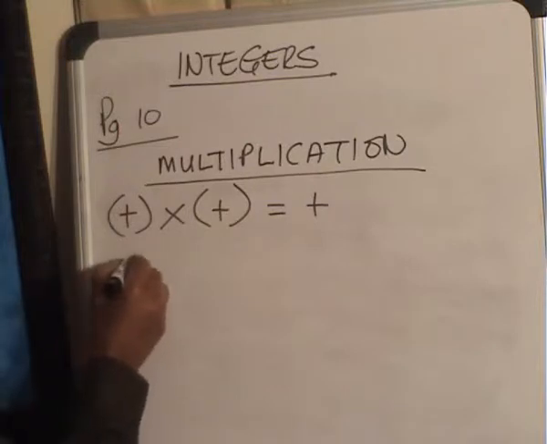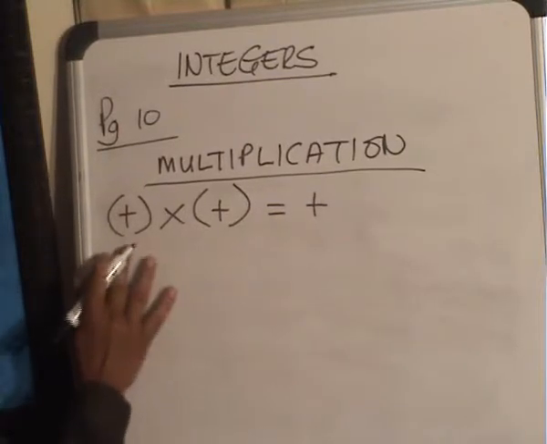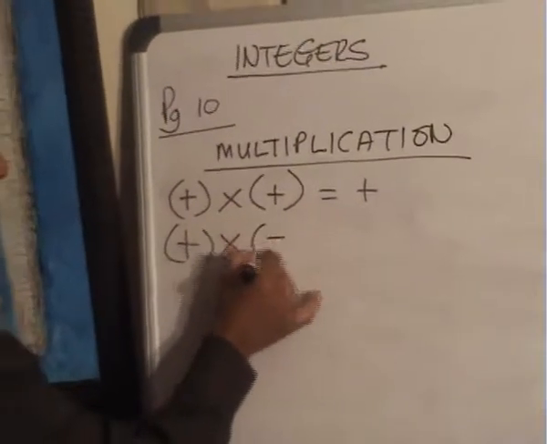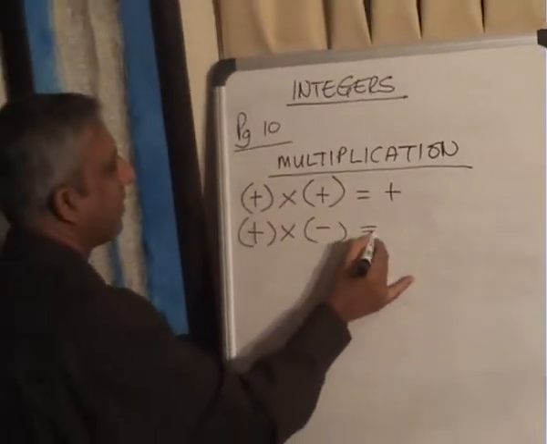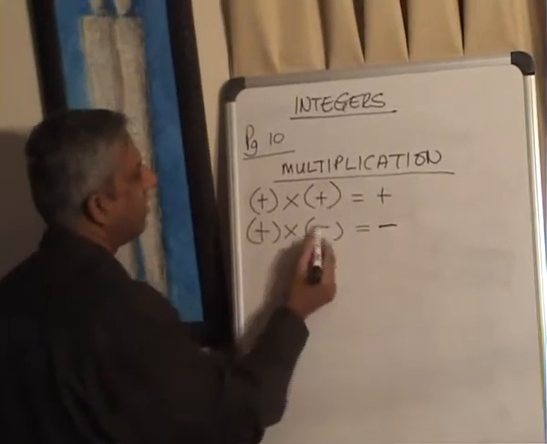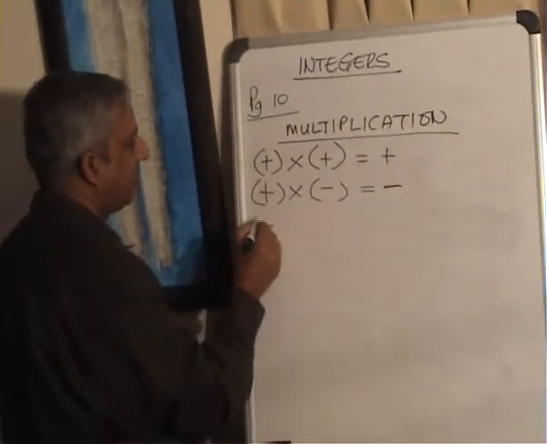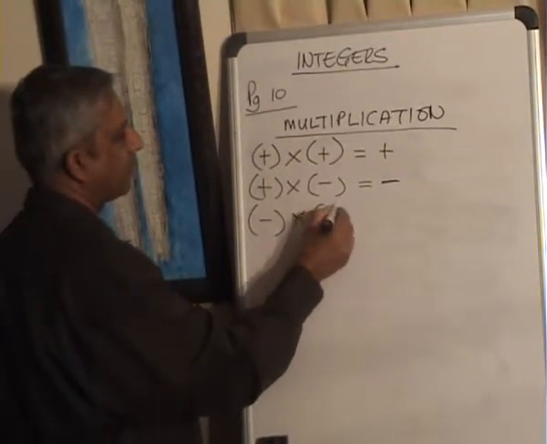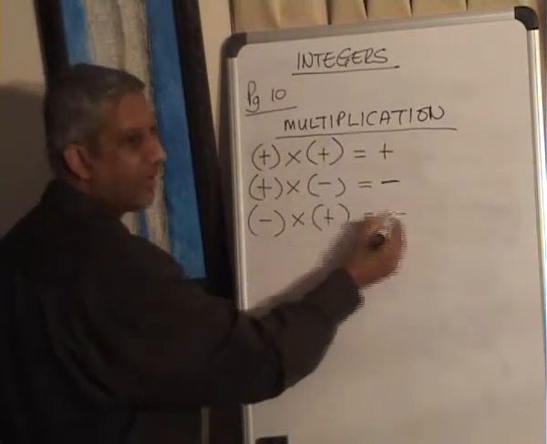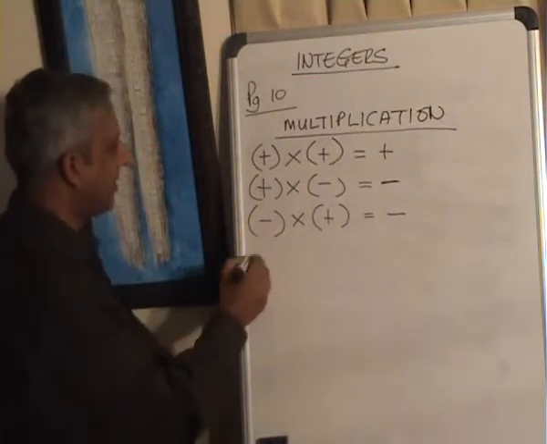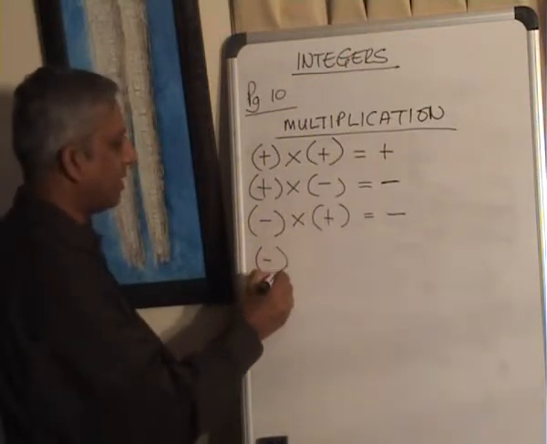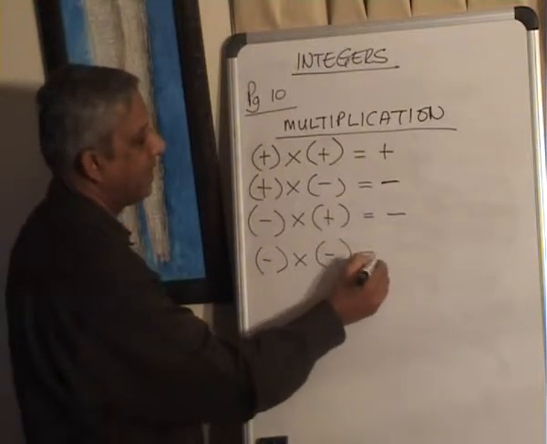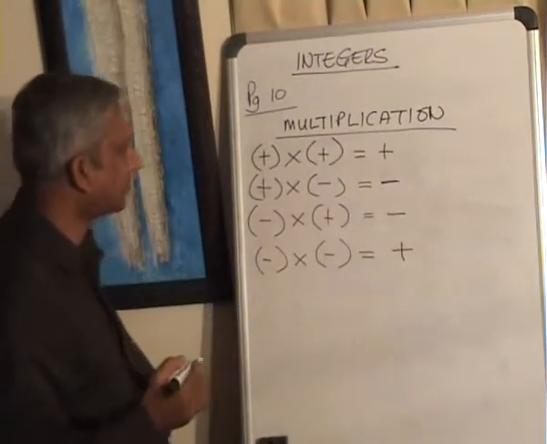You can have a positive number times a negative number, and that result will be negative. You can have a negative number times a positive number, and that will be negative. And finally, you can have a negative times a negative, and that will be positive.